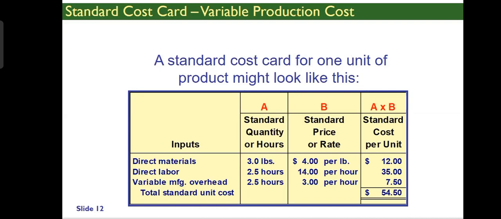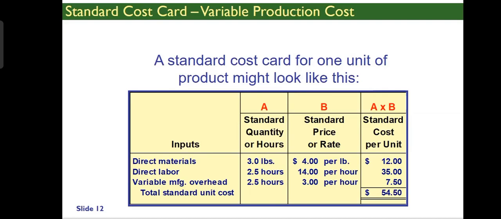You should remember that variable overhead is usually calculated on the labor hours. So whatever labor hours you work, the same number of hours go for variable overhead. The rate can be different. For labor, it is $14 per hour. For overhead, it is $3 per hour, but the number of hours is the same. So you come up to $54. This is your standard cost of producing 1 unit. So this is how you make standard cost.